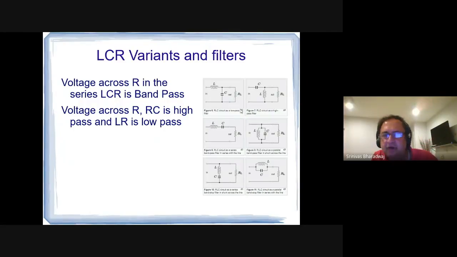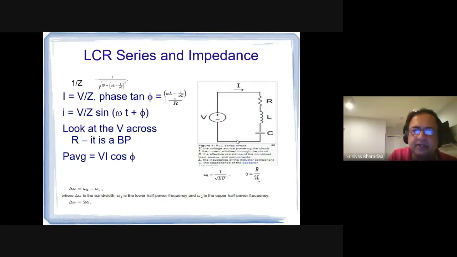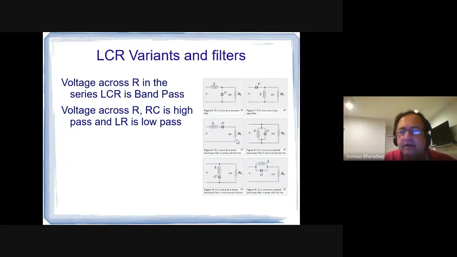Now this is the normal series one, which we just saw. The voltage across RL in this case is the same as this one. Now in this case, it is a band pass. What does that mean? There will be a range of frequencies within which there will be maximum power across RL.